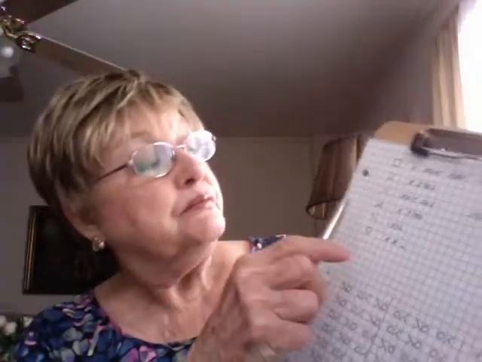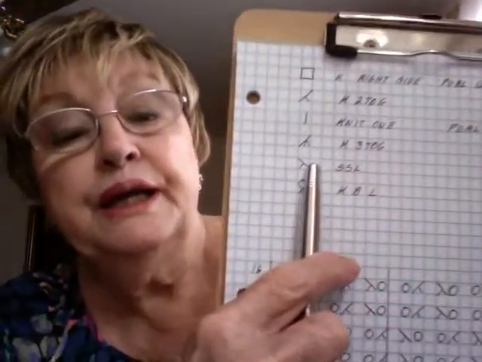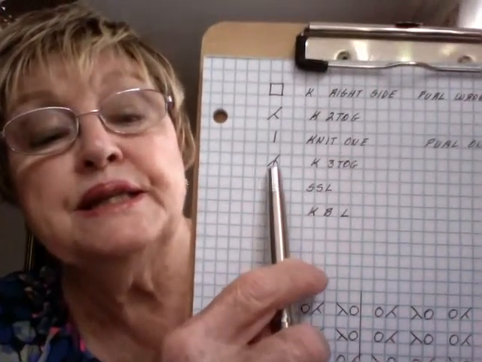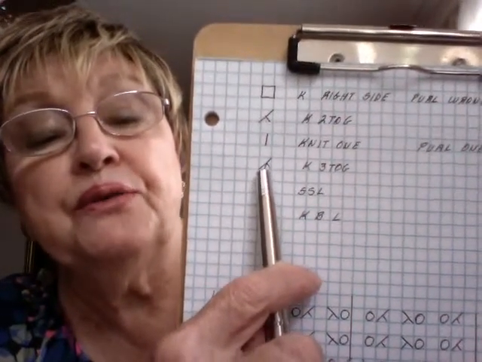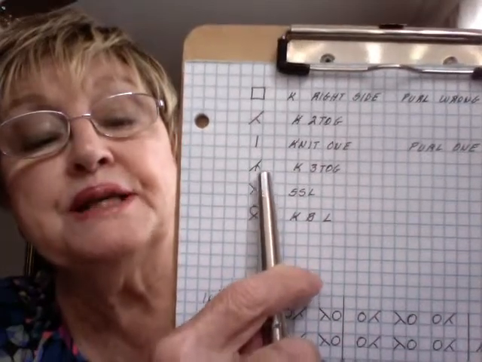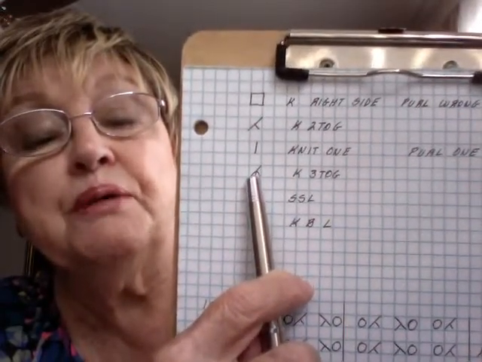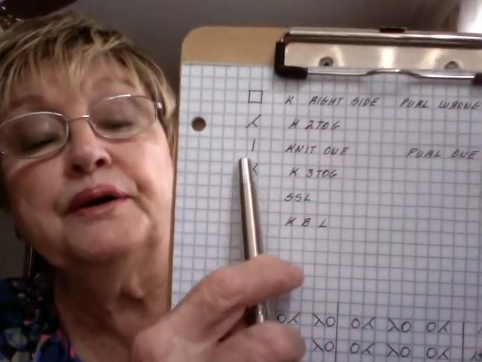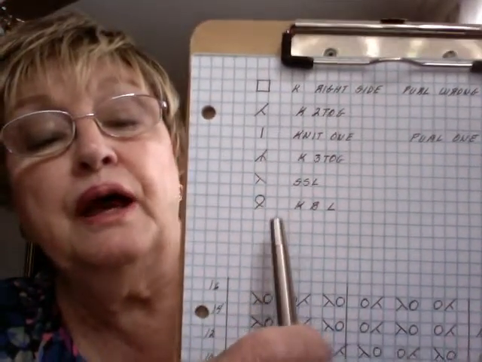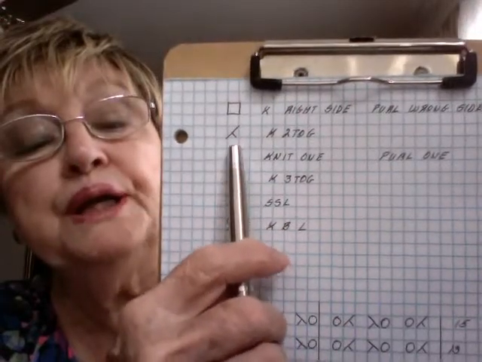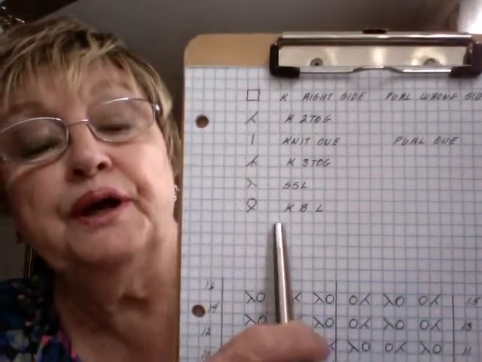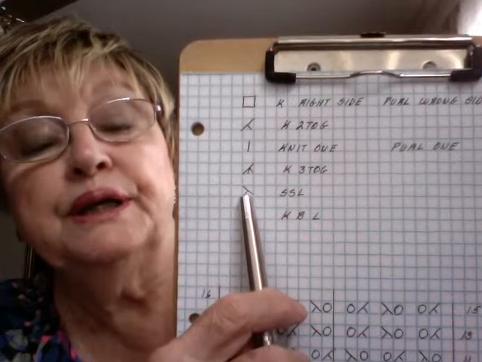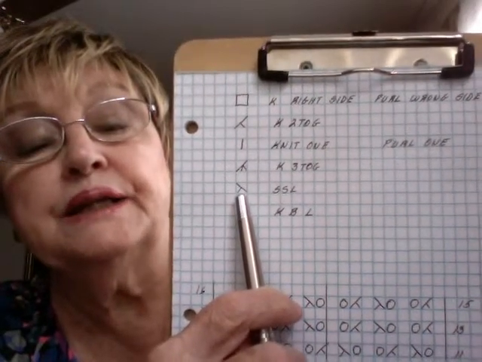Like, for example, when you have knit three together, it even makes sense. See, that's the sign for knit three together. So it means that if you have three stitches at the bottom, you knit them and you end up with only one. See? And so this one here means knit together, and this one here means slide, slide, knit.